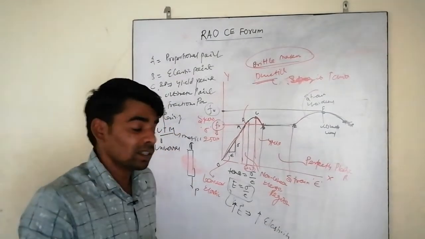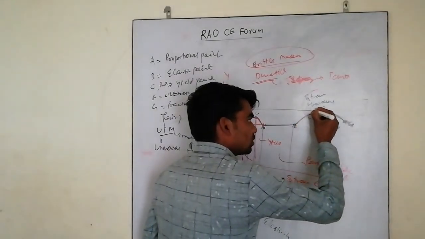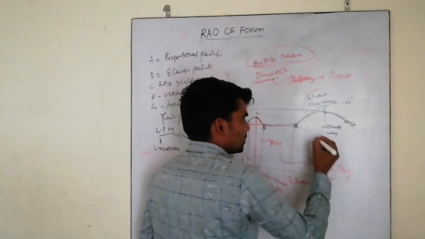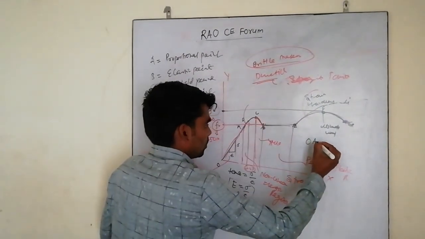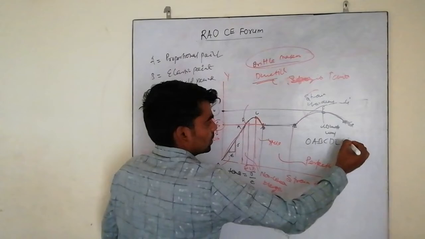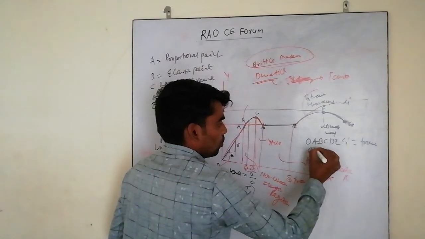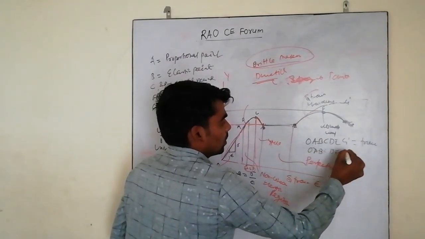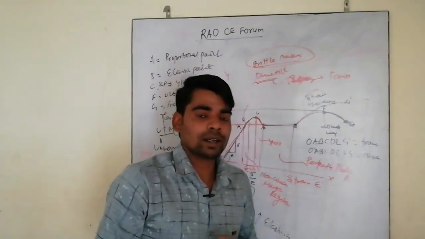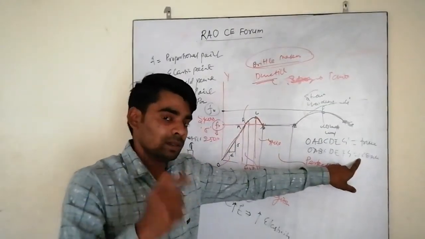But in actual, when you apply the load up to E to F, the curve goes O, A, B, C, D, E and G. This is the true curve, true diagram, and O, A, B, C, D, E, F, G is the conventional diagram. So in engineering behavior, for the actual information of the material, we will consider the conventional behavior of the stress strain diagram.